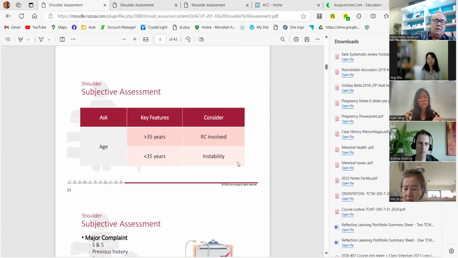But all these key indicators are valid as far as trying to figure out what's going on, but they're not a very good guideline. So more than 35 years, possibly there will be an RC involvement, right? That's very generalized, but it helps you to understand how to ask the questions, how to perform a subjective assessment based on their age.